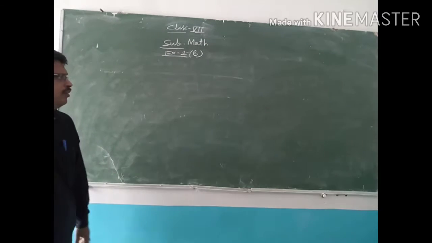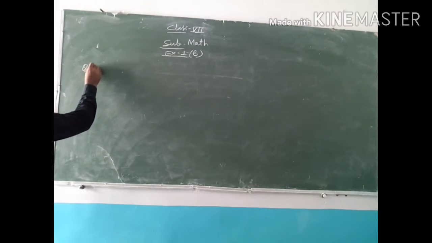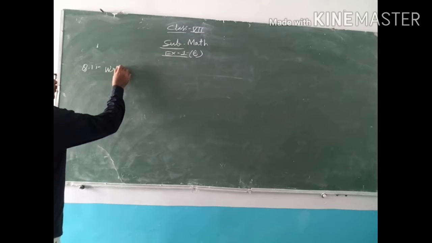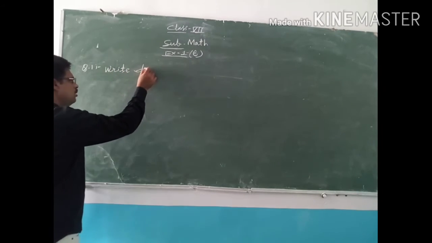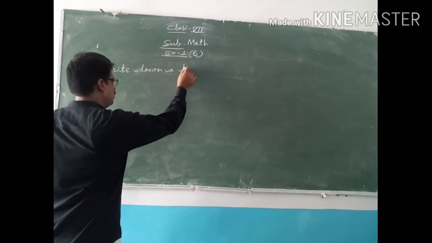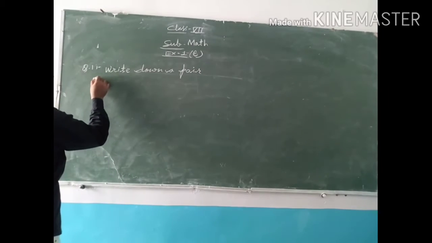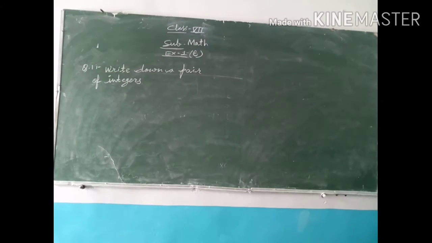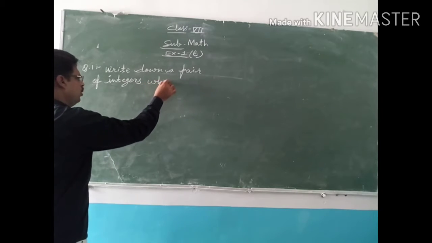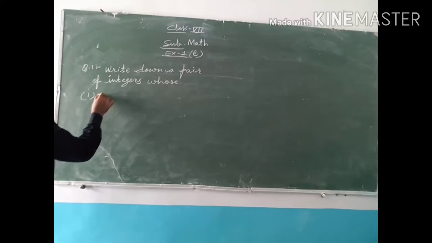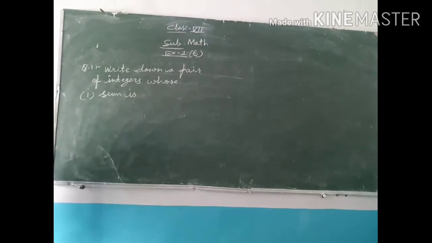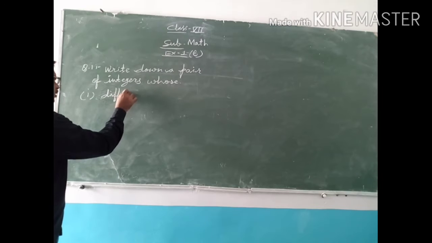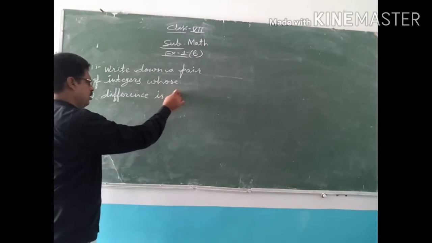Now students, we will start exercise 1B. Question number 1 is, write down a pair of integers whose difference is 5.